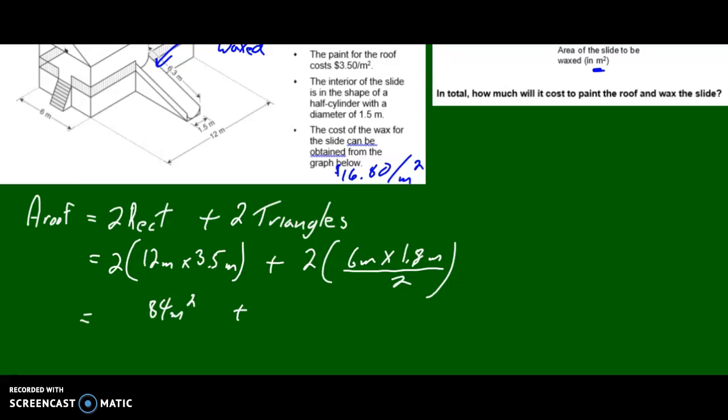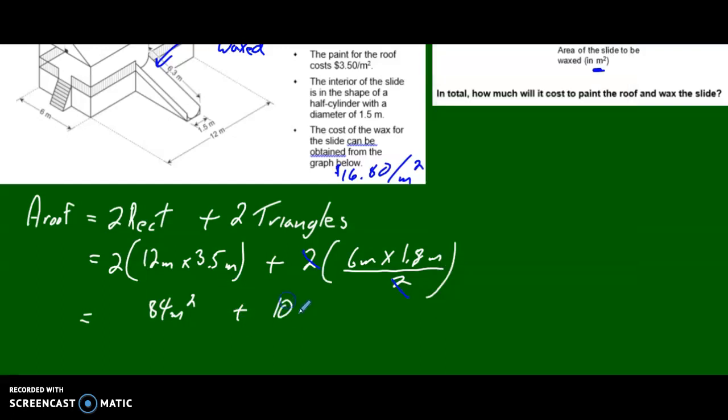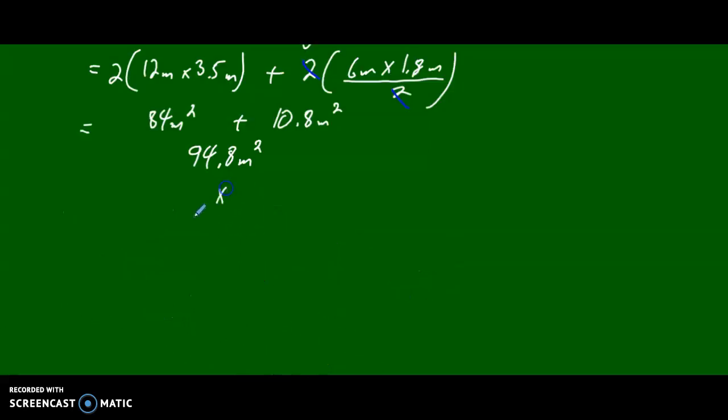Plus, the 2 on top and the 2 on the bottom cancel out. So it's 6 times 1.8, which equals 10.8 meters squared. 10.8 plus 84 is 94.8 meters squared. And let's multiply that by the cost of the paint.